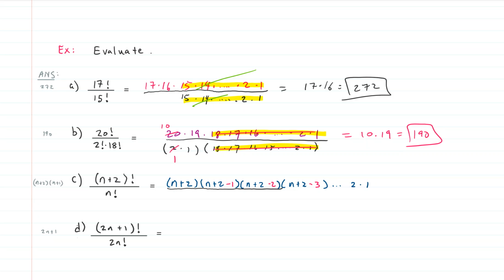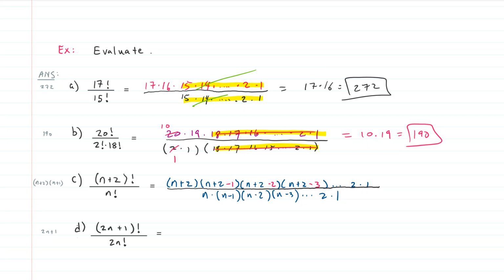We have a nice line for division there. What do we have in the bottom? We have n factorial. So we have n times n minus 1 times n minus 2 times n minus 3, and so on, down to 2, down to 1, and we're done.